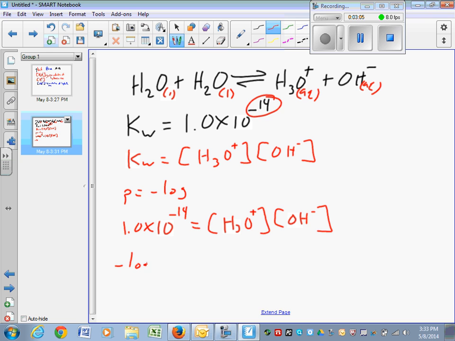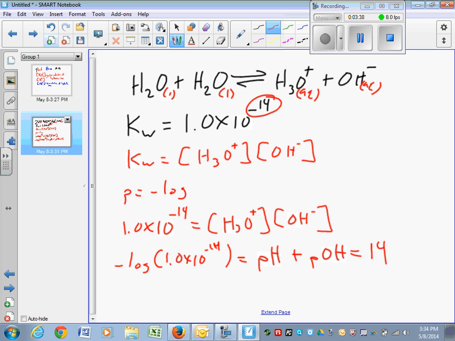So if I do negative log of 1.0 times 10 to the minus 14, that's equal to pH plus pOH. And as it turns out, log is the math thing for the inverse of raising 10 to a power. So the negative log of 1 times 10 to the negative 14 happens to be 14.